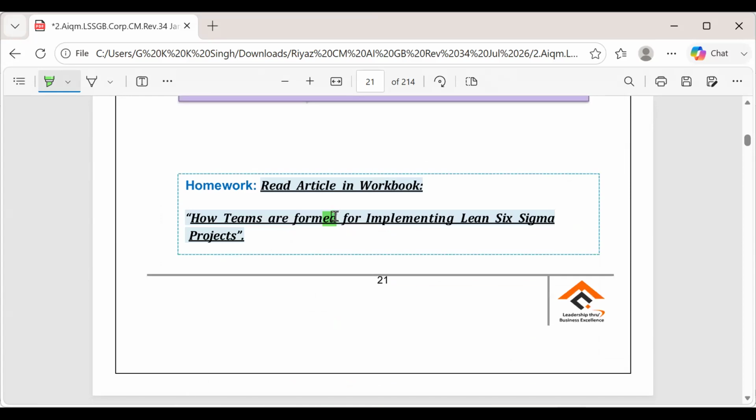So yesterday I had asked you to do a reading on this. I will give you a quick look at the structure of the team. What is the organization structure?